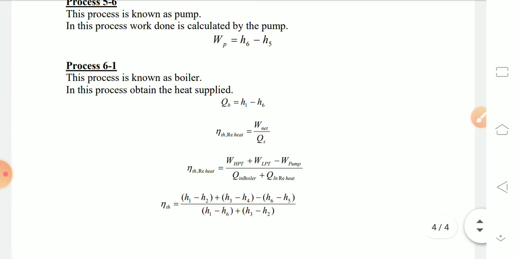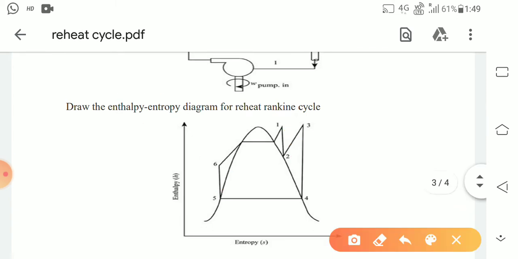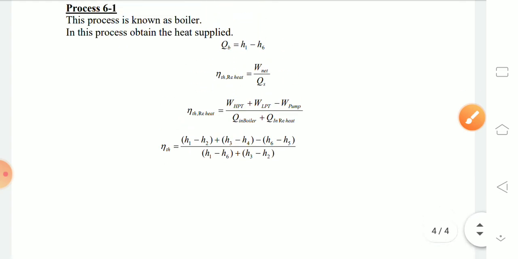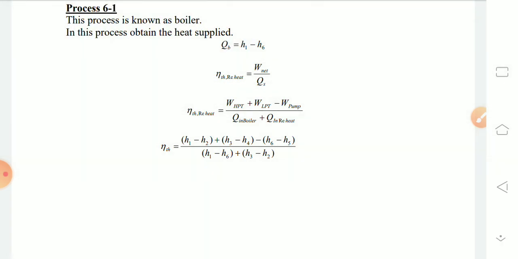Here heat is supplied and here also heat is supplied, and you can find work from process 1 to 2, the high pressure turbine, and 3 to 4, the low pressure turbine. Substituting all the values into this equation, the thermal efficiency of a reheat cycle is H1 minus H2 plus H3 minus H4 minus H6 minus H5, divided by H1 minus H6 plus H3 minus H2.